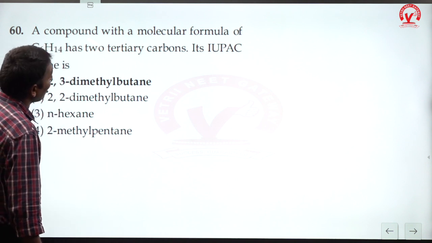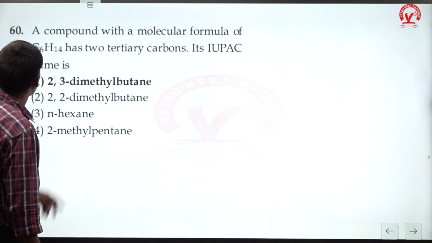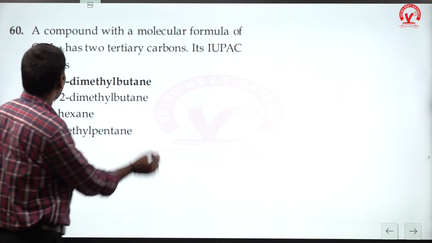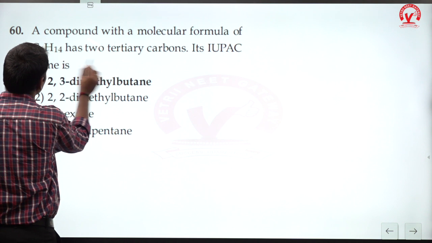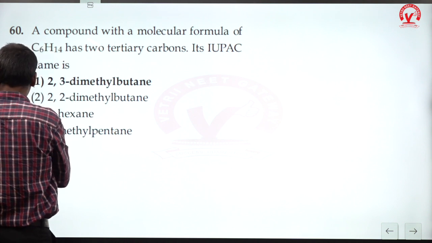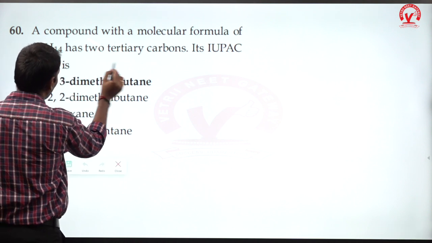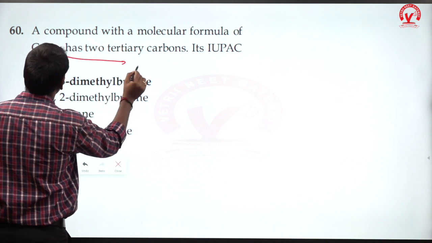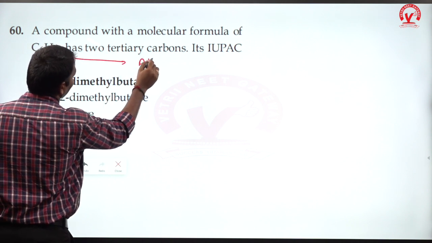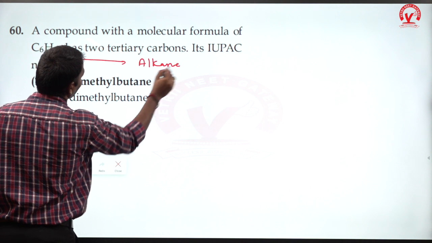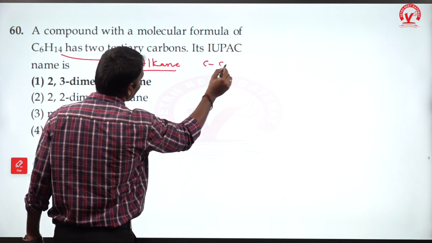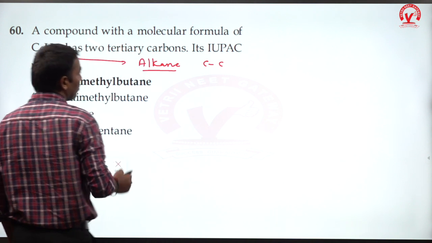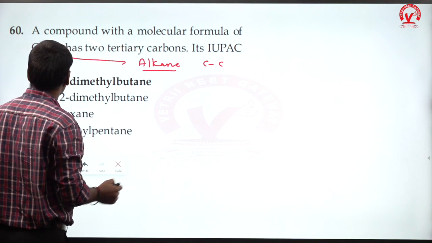A compound with molecular formula C6H14 has two tertiary carbons, the IUPAC name is dash. According to this formula, it satisfies the alkane formula. All bonds are single bonds between carbons, right?